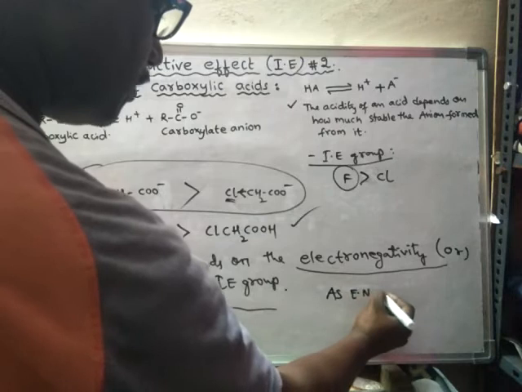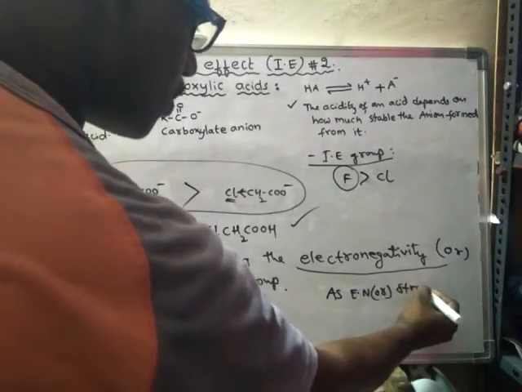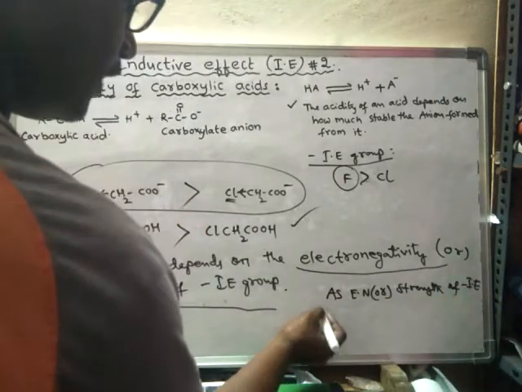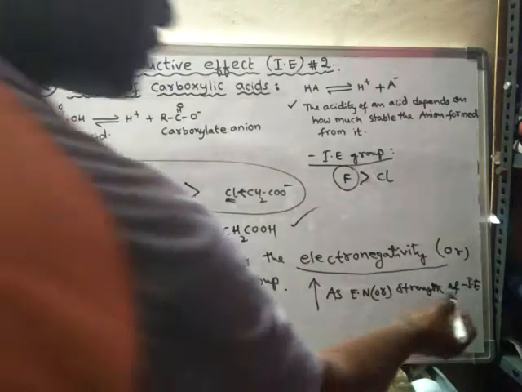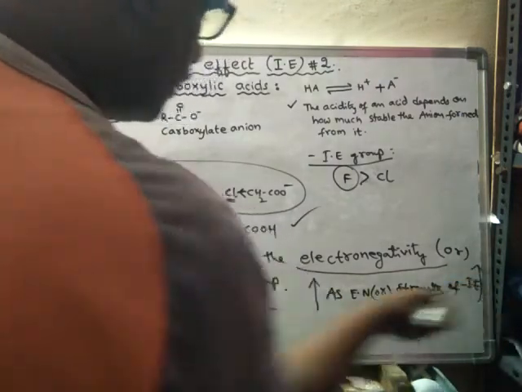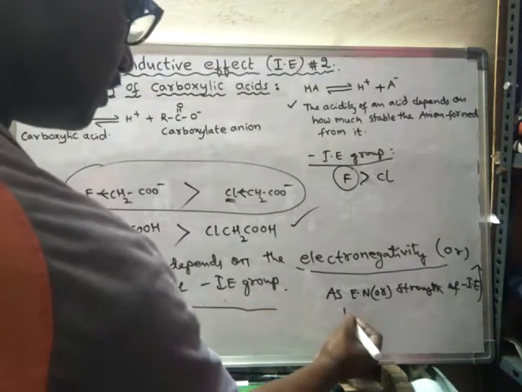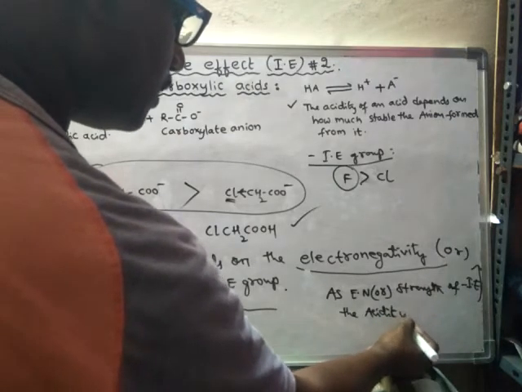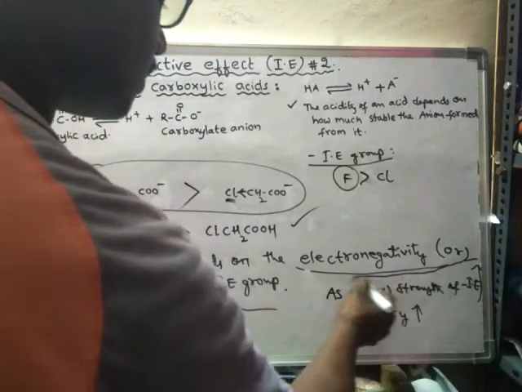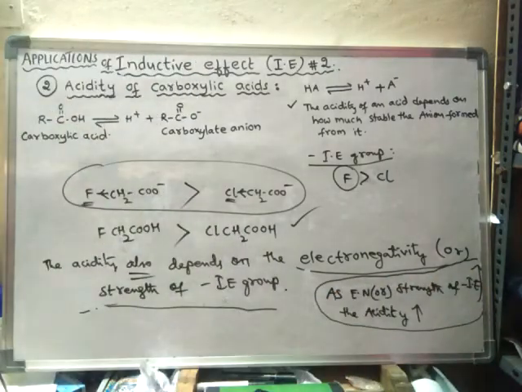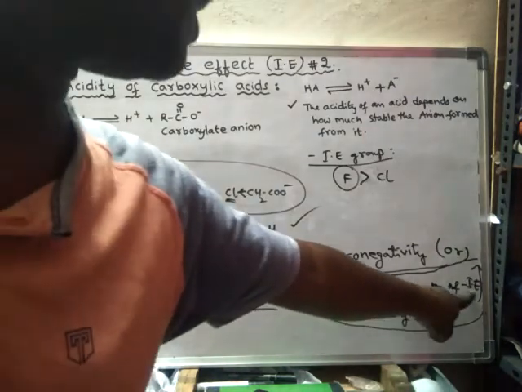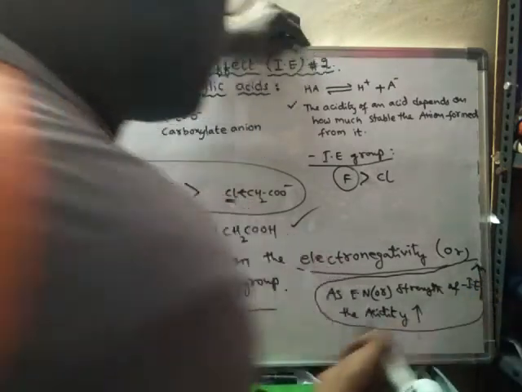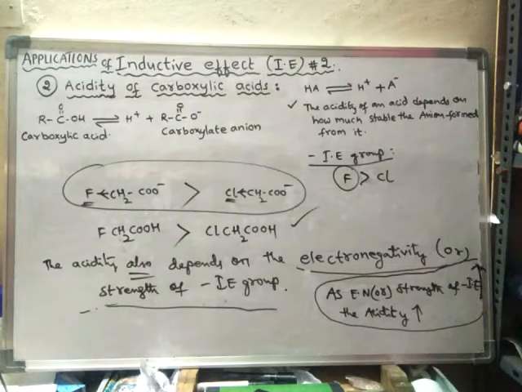As electronegativity or strength of minus I increases, what happens? The acidic nature, or acidity, increases. So remember, this is important: as electronegativity or strength of minus I increases, the acidity also increases.